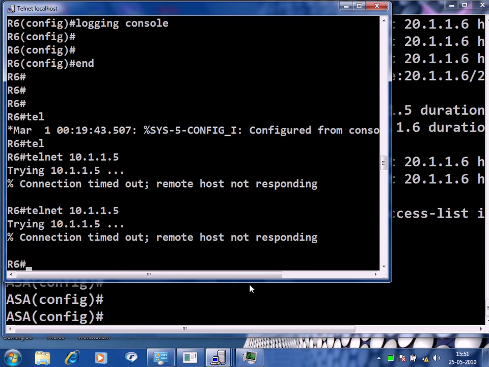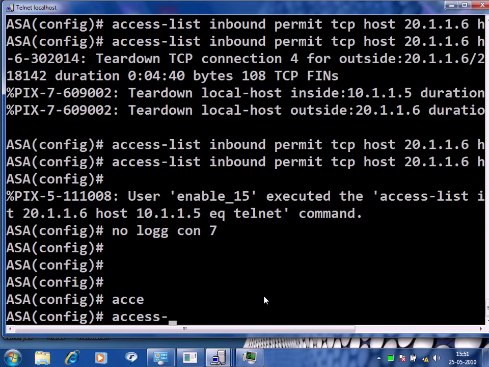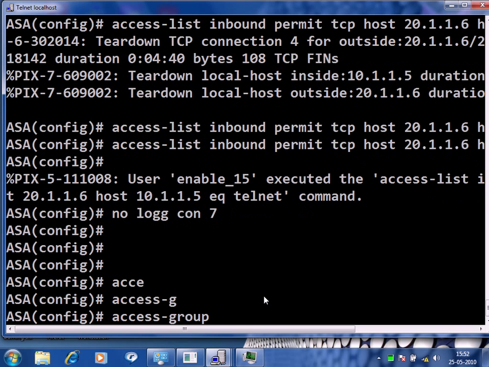You need to assign the access list. Yeah, exactly right. Okay, how to apply it to the interface? Applying the access group, inbound.